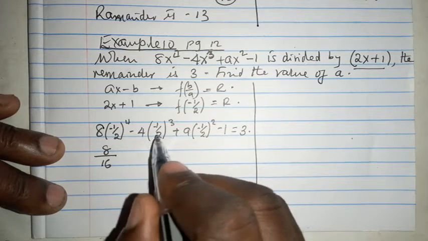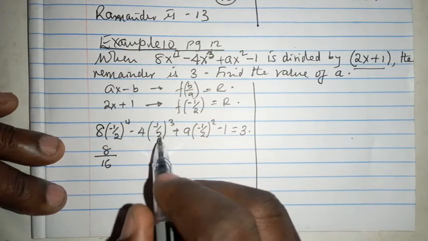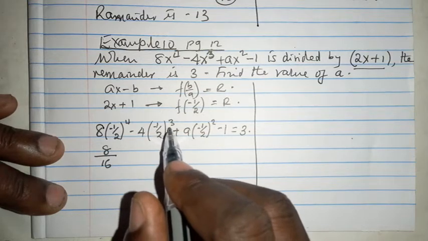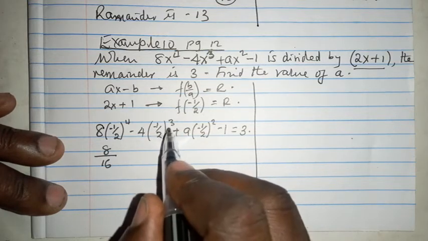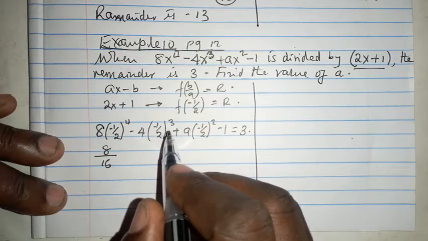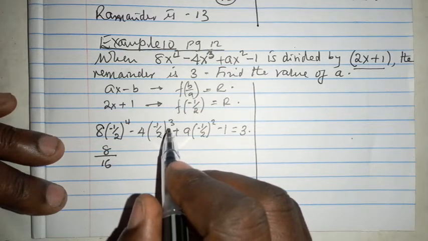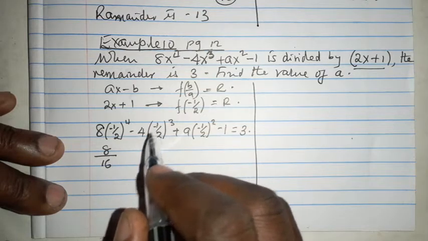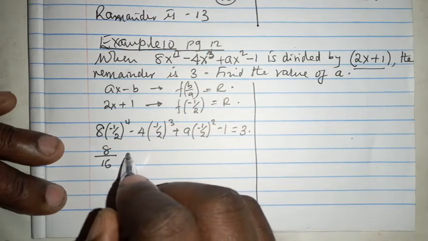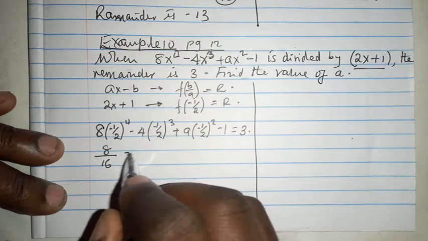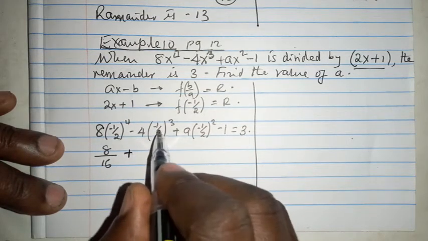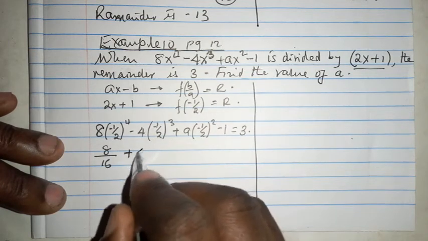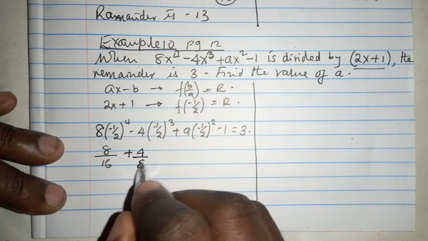Minus a half cubed is going to be negative 1 over 8 because the power is odd, times negative 4. Because a negative times a negative is positive, it is simply plus 4 out of 8.